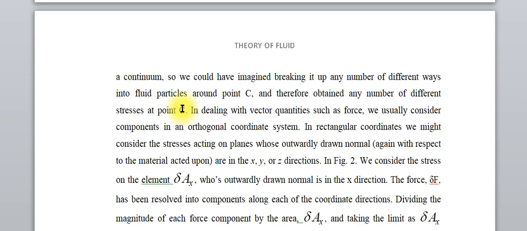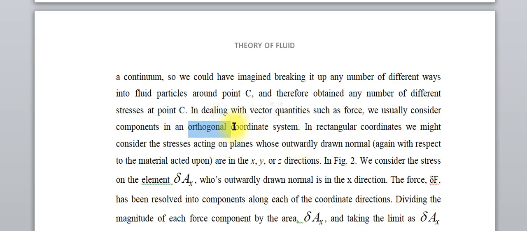As you know, from a single point, many planes can be drawn, infinite planes can be drawn. In dealing with vector quantities such as force, we usually consider components in an orthogonal coordinate system.